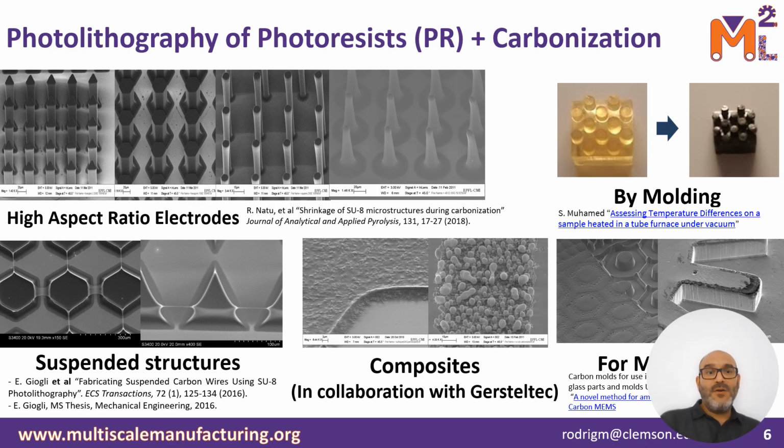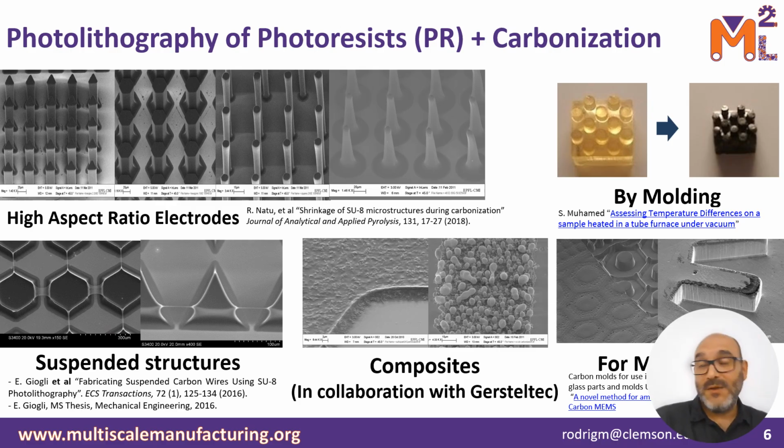So, photolithography of photoresists, or PR, followed by carbonization. There are many different things that we can do, and that different groups have done in the last few years. Here you can see one common objective, which is to get high aspect ratio electrodes that we use for multiple different applications.